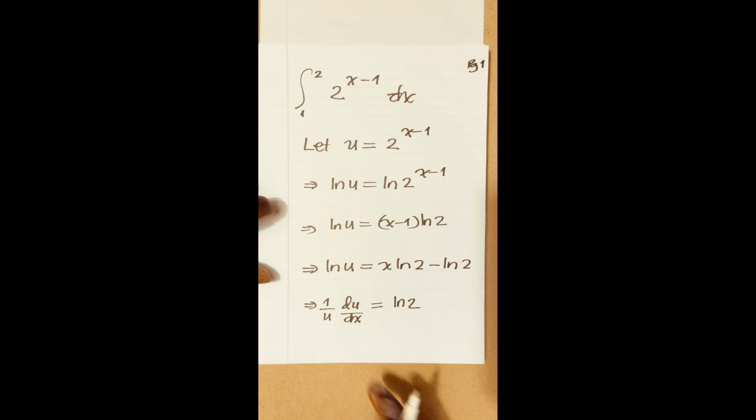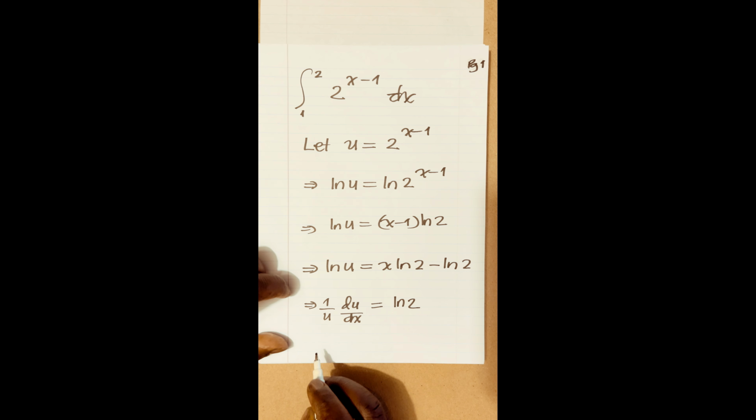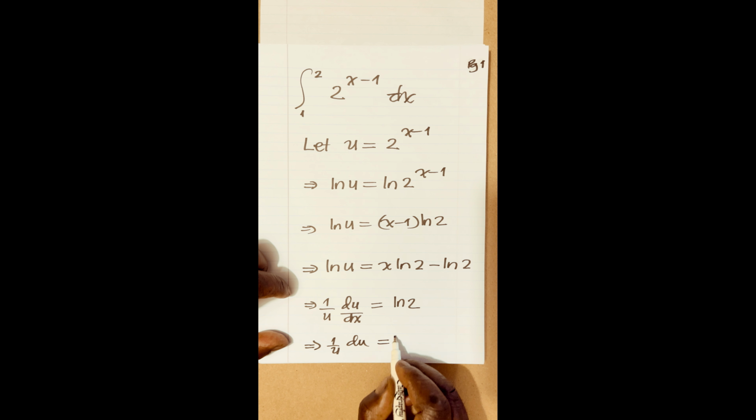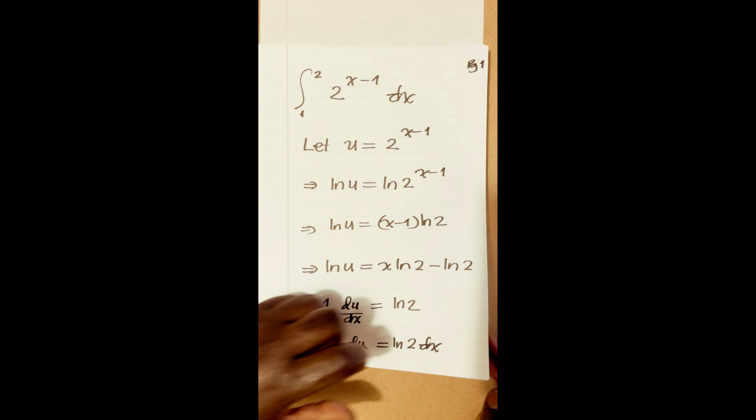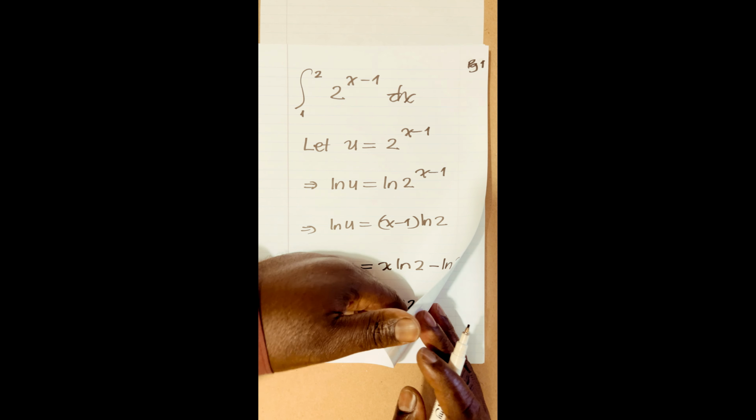At this point, I have to multiply by dx on both sides. So what I have now is 1 over u du is equal to natural log of 2 dx. Fantastic. Now I'm going to have to multiply by u on both sides on our next page.